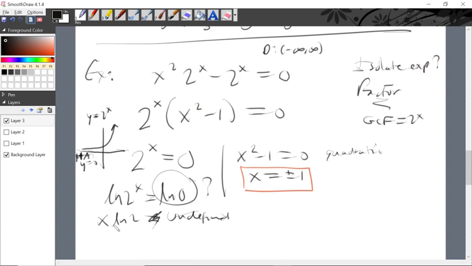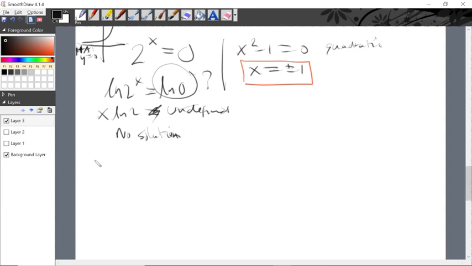So there is no value of x. There is no solution then. The log of 0 does not exist. Why does the log of 0 not exist? Log base a of 0 is undefined.